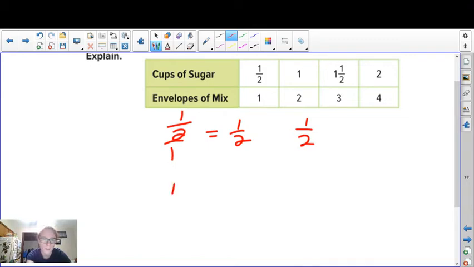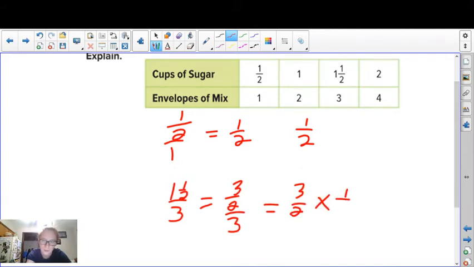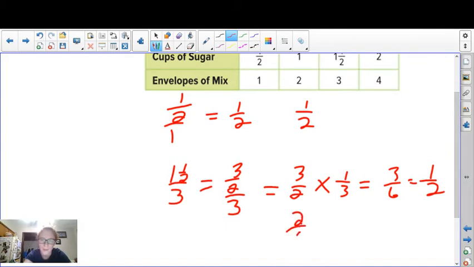And then you take 1 1/2 divided by 3, which is the same thing as 3 over 2 divided by 3, which we just did on our test, which is 3 over 2 times 1/3, which is 3 over 6, which is a half. And then my last one of 2 over 4, which is a half.